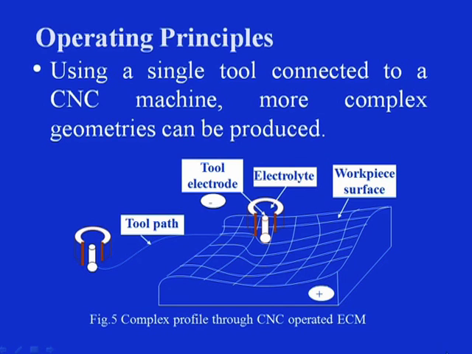So, this is a figure in which this is a complex profile. This profile can also be machined using this ECM process by suitably programming the tool path in which the tool has to move, or the tool shape we have to produce beforehand, so that it replicates the shape on this workpiece.